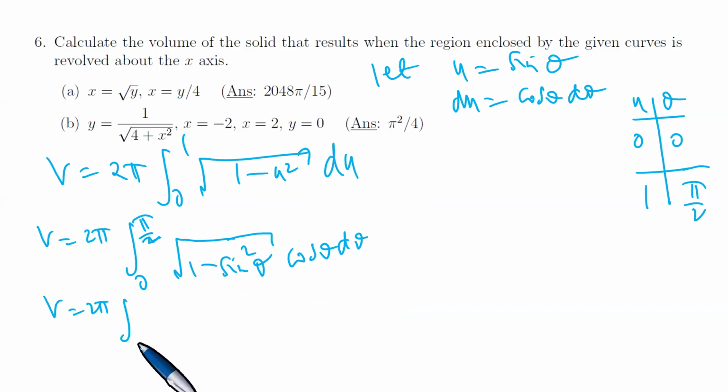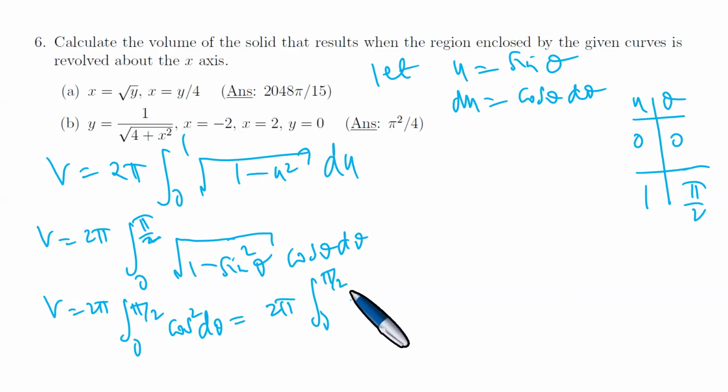The integral of 2 pi from 0 to pi over 2. The 1 minus sine squared is cosine squared. The square root of cosine squared becomes just cosine between 0 and pi over 2, so that cosine times cosine is cosine squared theta d theta. What is this integral?